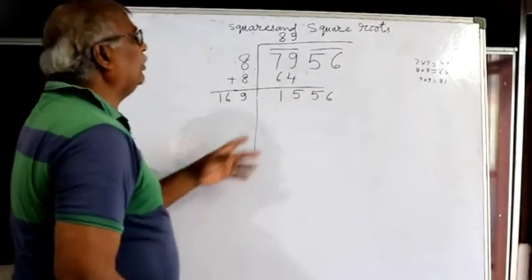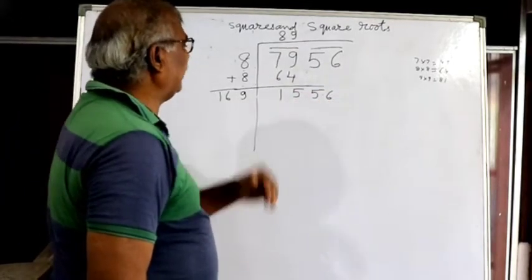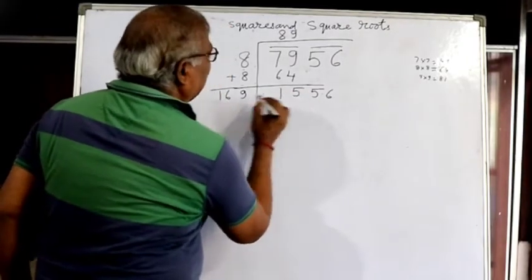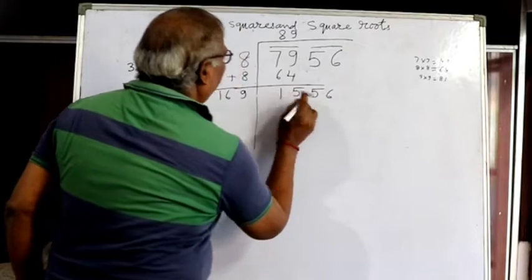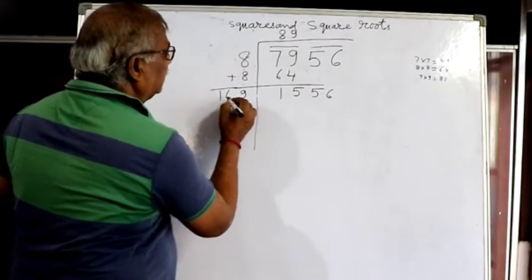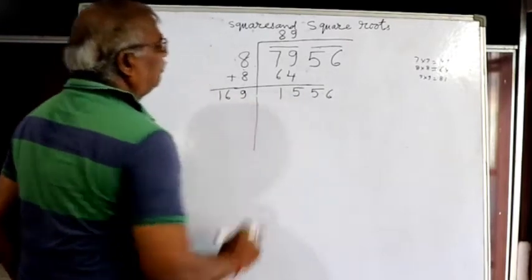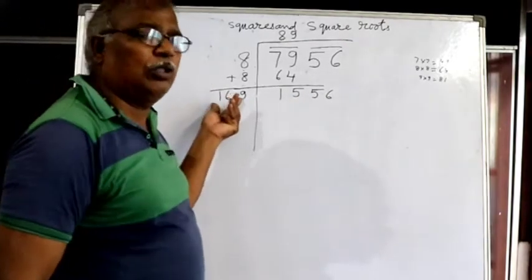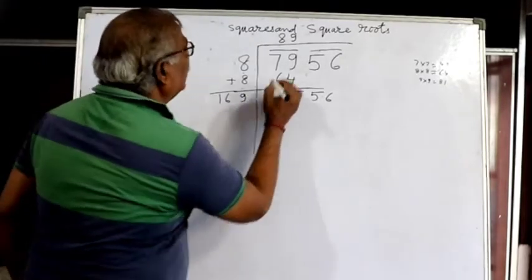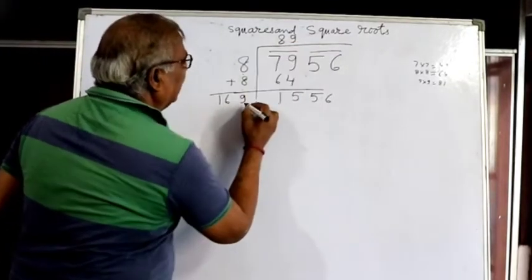Now it will become 1556. Now 15 is less than 16, so add 5, we get 155 and read table of 16 to 155. How many times goes 16 into 155? It goes 9 times, so write down 9 here and 9 here.